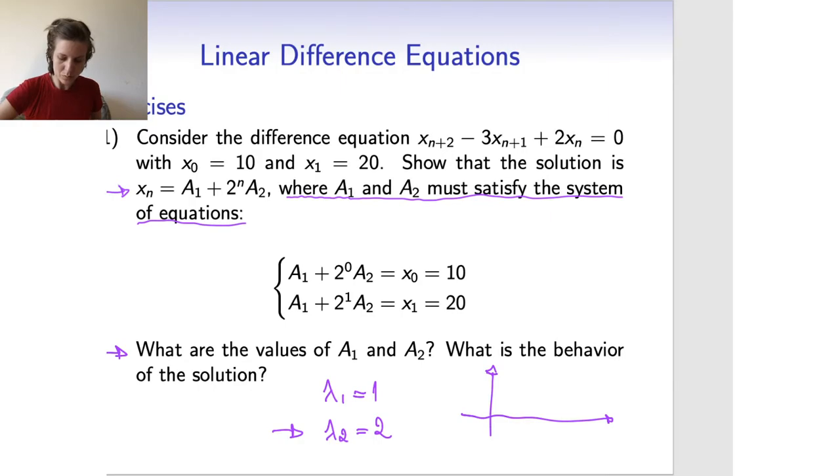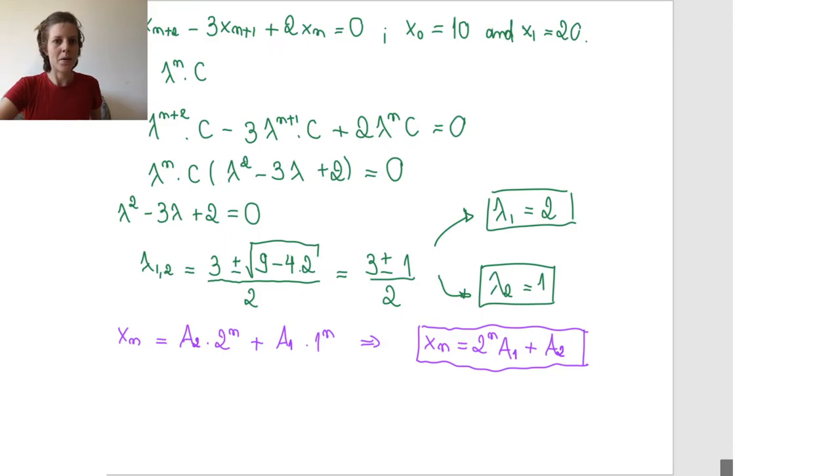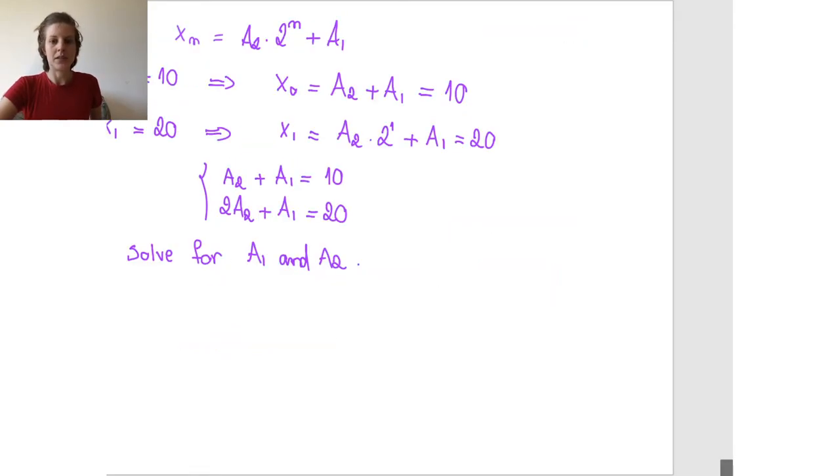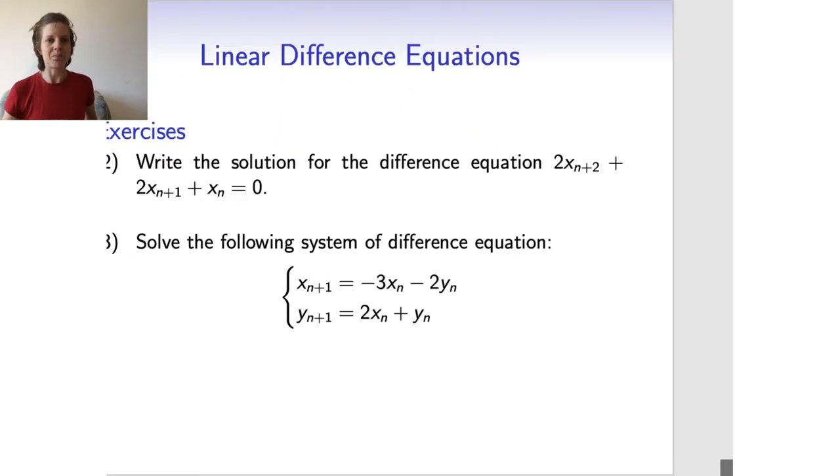It will start with 10 here, x0, and then it comes to 20 here, and it will increase, okay? So it will be some increasing behavior, just by looking at the eigenvalues we can see that. Okay, let's go for the next exercise.